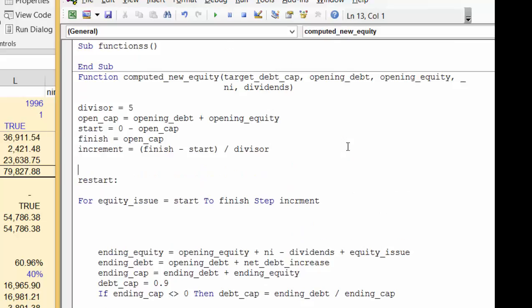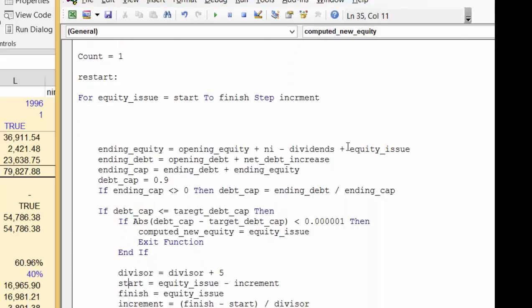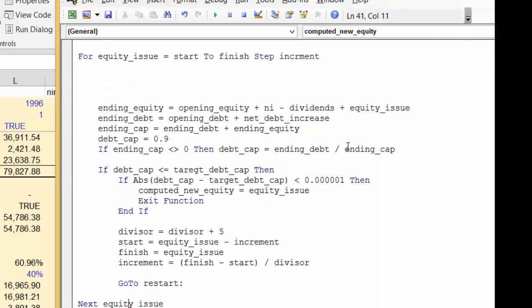Now when you do this, I've just learned the hard way. Let's make a count equal 1. And then whenever we hit this kind of thing here, we better add 1. In fact, if you never get there, let's be even safer.